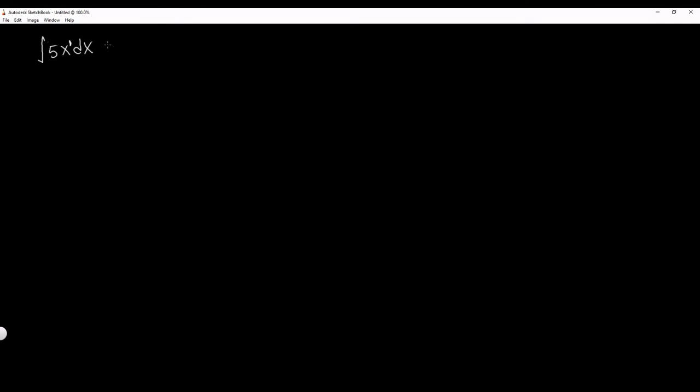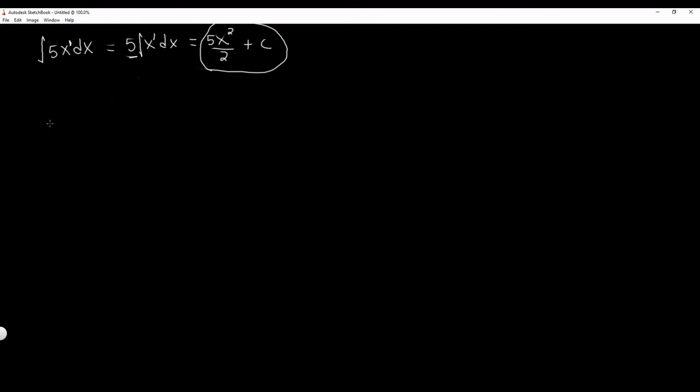So if we just rewrote this as 5 times the integral of x to the 1st dx, well, this is a simple problem now. We can just integrate x to the first, so we do x squared divided by 2 plus c, and then we multiply this answer by the constant 5. So this would be 5x squared divided by 2 plus c.